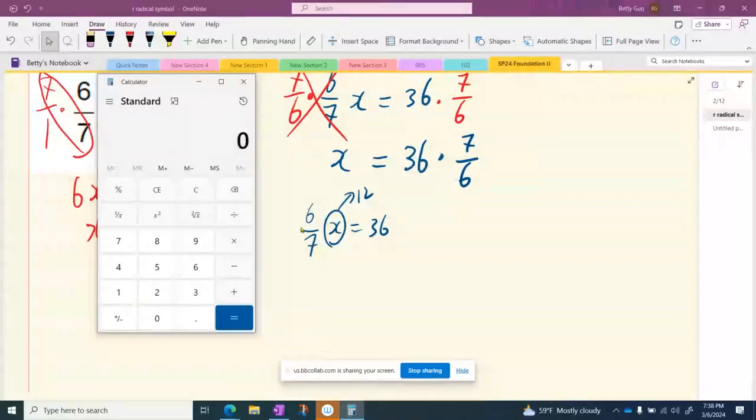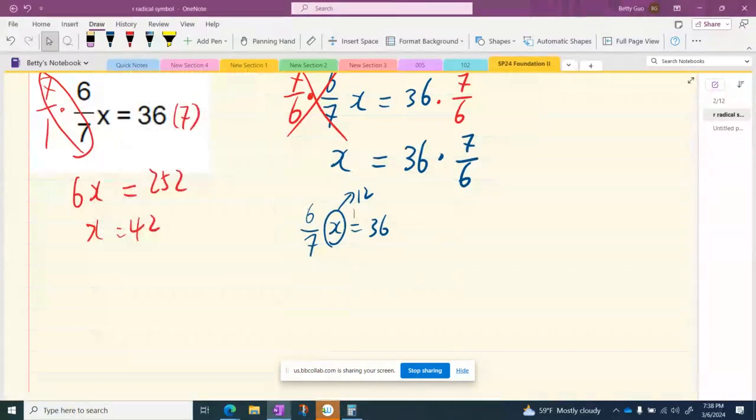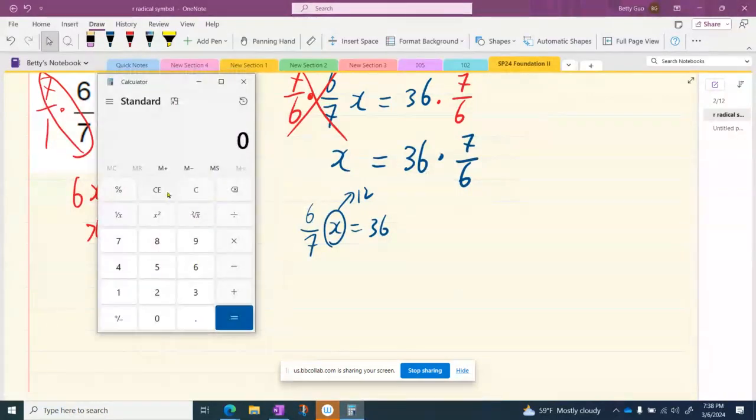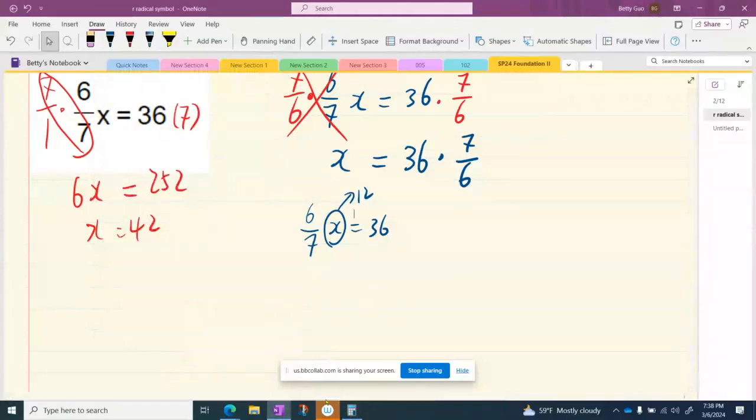So you want to double check. Maybe fix it. And the answer is, what is the answer again? 42. So you try 42. 42 times 6 and then divide by 7. 36 on the right side. Yeah, there's a way to use a calculator to handle fraction as well.